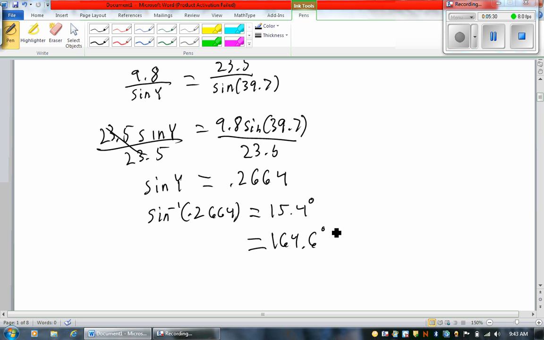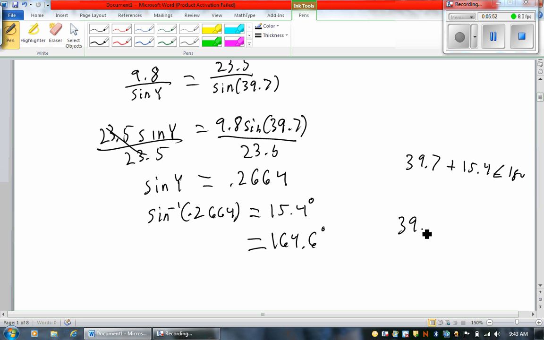And now if you remember, this is our ambiguous case. We already have an angle of 39.7. If we take 39.7 and add it to 15.4, that number is less than 180, so we're okay, we still have room for a third angle.